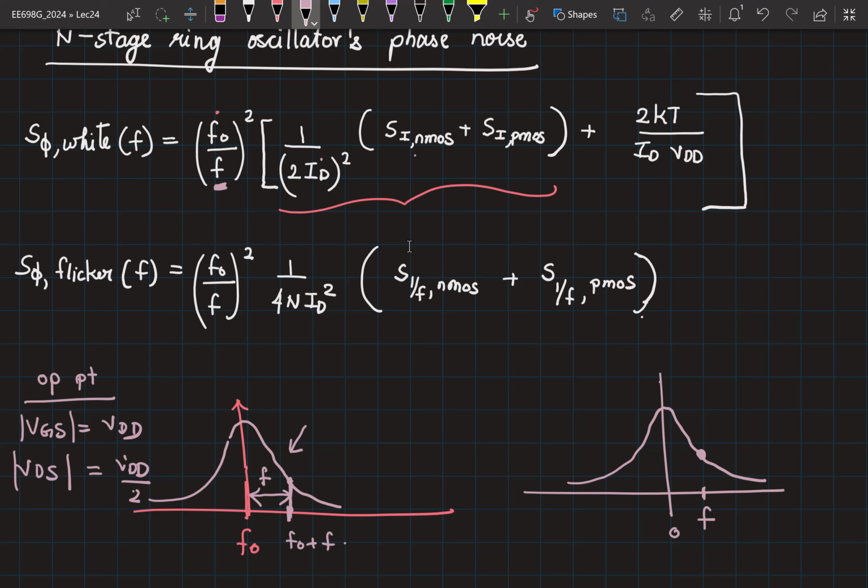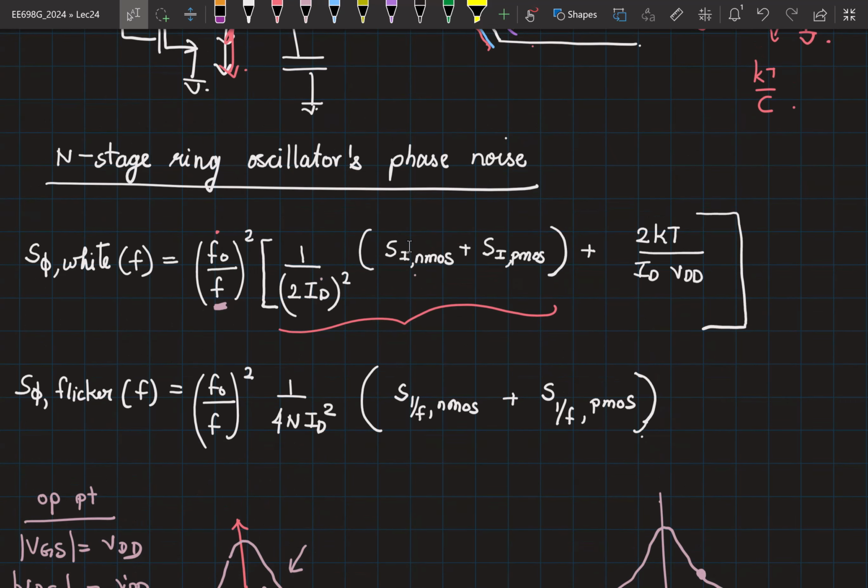Okay. SI NMOS is the two-sided PSD of the thermal noise current. Can you give me the expression? For kT gamma gm is the one-sided PSD. So the two-sided PSD becomes 2 kT gamma gm.